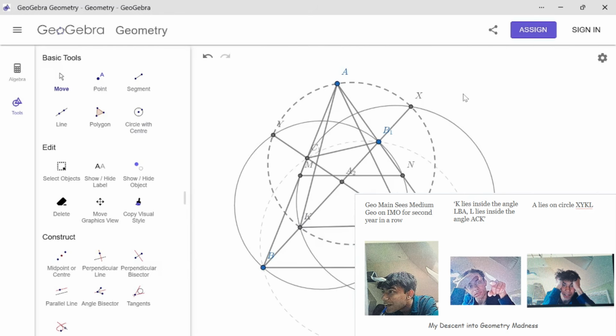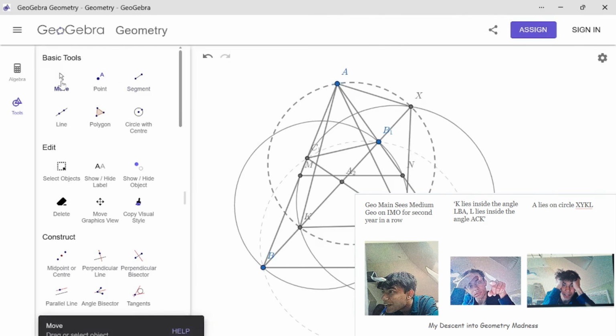Okay, I don't need Y though. If I show X is on the circle, that means Y is on the circle as well. So let's not have Y. I need C1 and B1 to define K and L. Okay, we just need to show X is on the circle. Okay, let's draw in XA and XL.